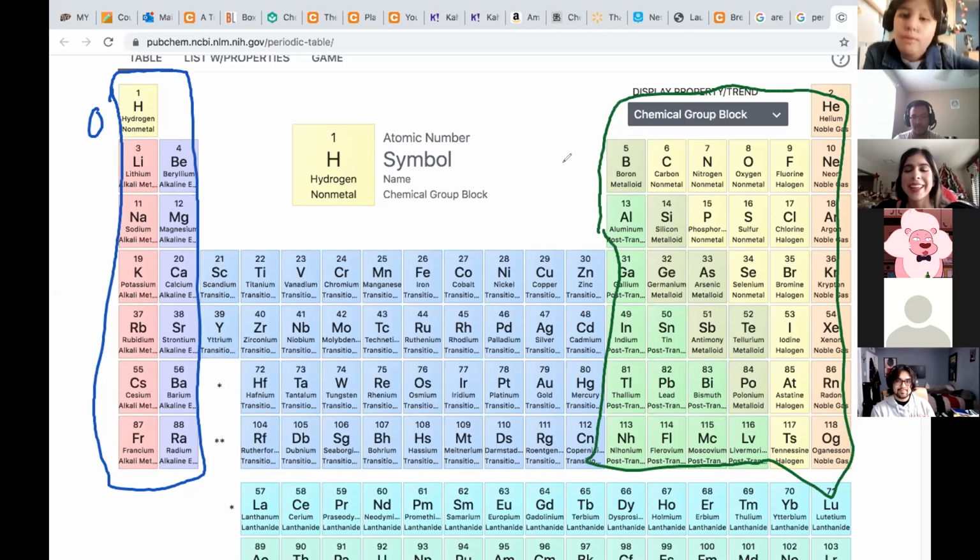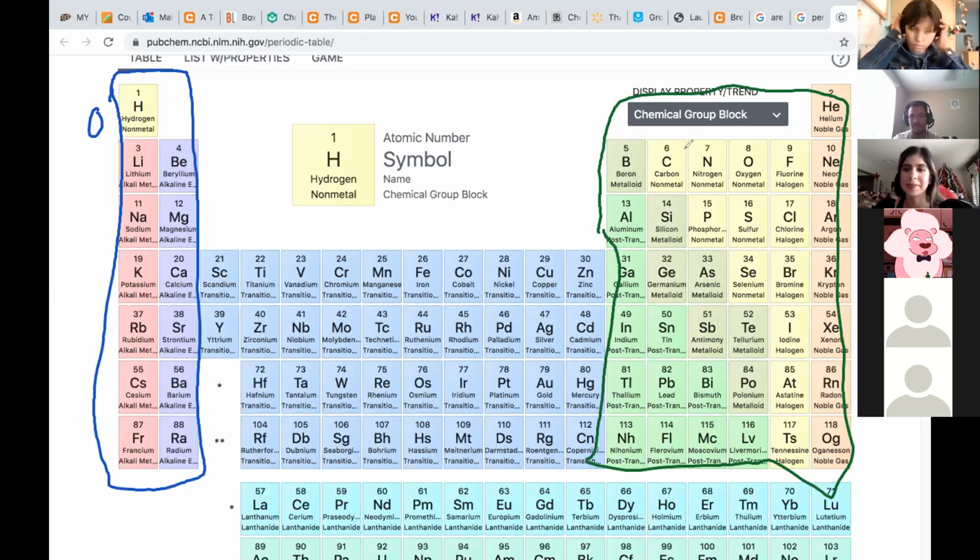Okay. And then are these your metals or non-metals? Non-metals. So your non-metals are going to have L value of 1. And then your transition metals, that's everything over here. So our transition metals are going to have an L value of 2.